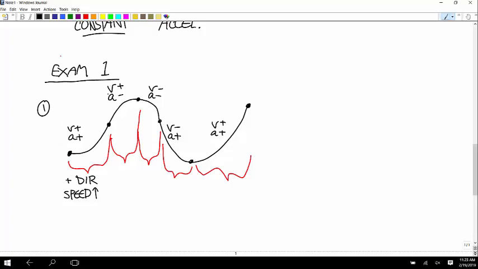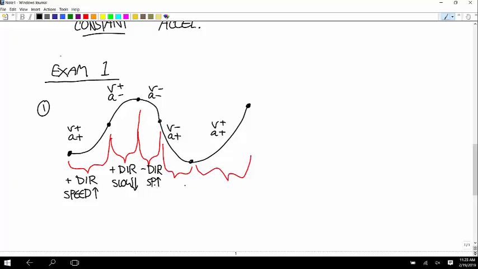The second one, velocity is positive, so it's moving in the positive direction. Velocity and acceleration have opposite signs, so it's slowing down. The third one, it's moving in the negative direction because velocity is negative. And since velocity and acceleration have the same signs, it's speeding up.